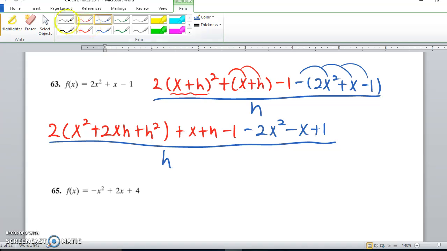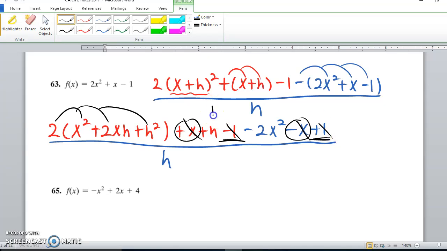All right, and so we do need to distribute this 2, but at the same time, we can start to cancel some stuff out. And this should happen each time, that we're going to find a bunch of stuff that will cancel out. So we'll go ahead and cancel those parts out, and we're left with this here and here.